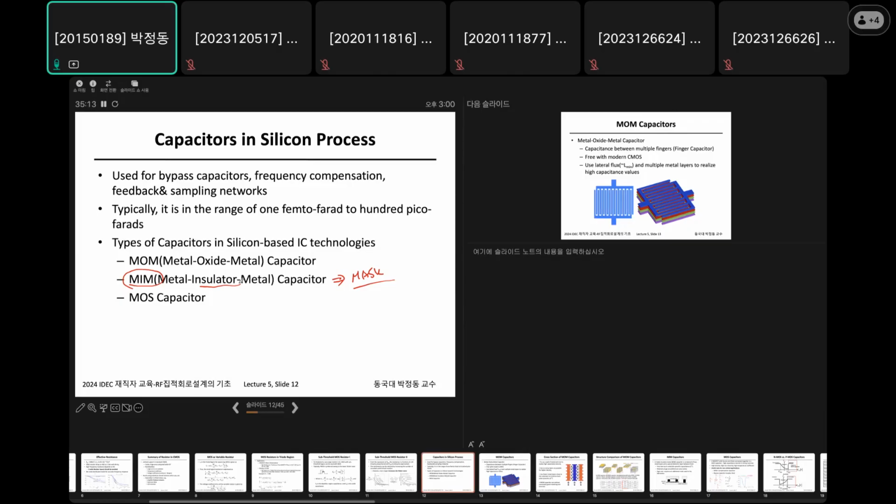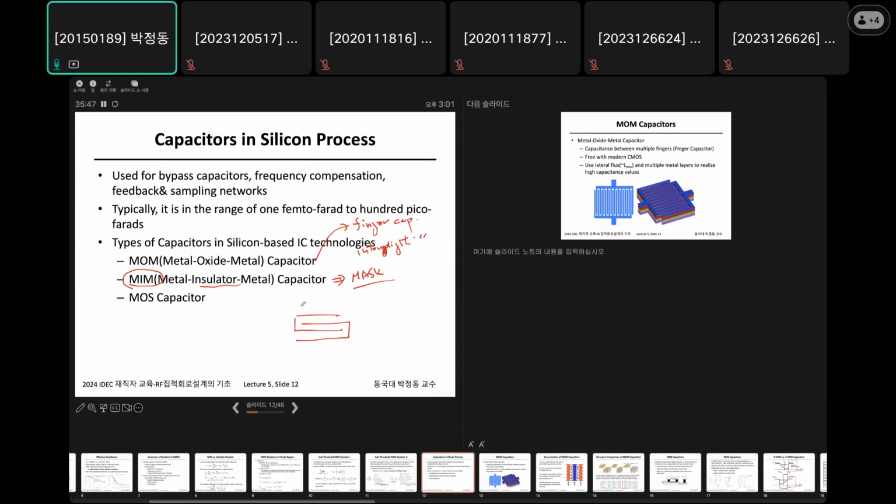So we have three types of capacitors in silicon technology. One is the MOM capacitor, a metal oxide metal capacitor. In older days, we called this a finger capacitor, or interdigit capacitor, because its shape looks like this.